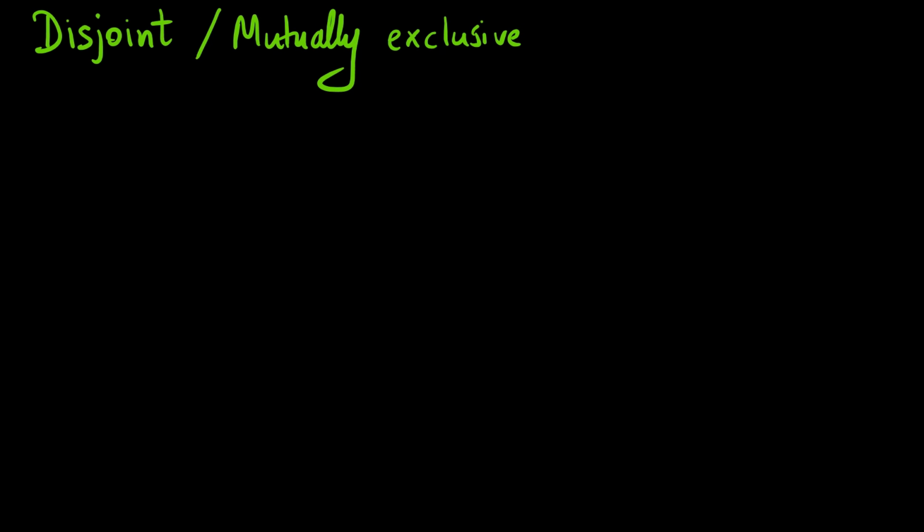So two events A and B are disjoint if A intersection B is equal to the empty set. And so disjoint sets have no elements in common.